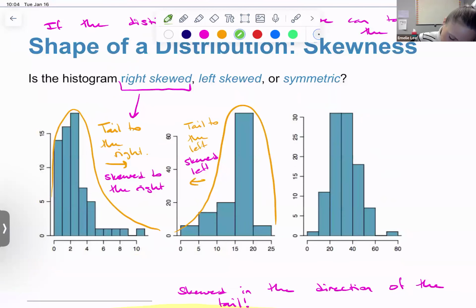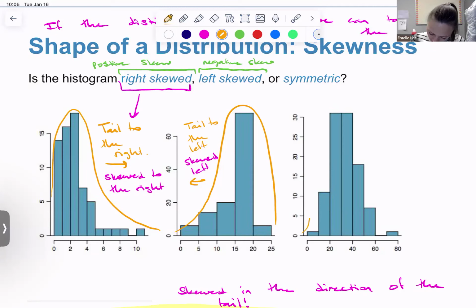Instead of right skew, we can also talk about positive skew and negative skew. If you prefer to talk about positive and negative on the axis, then that's fine. I'll know what you're talking about, so it doesn't matter to me. But just be aware that either of those work.